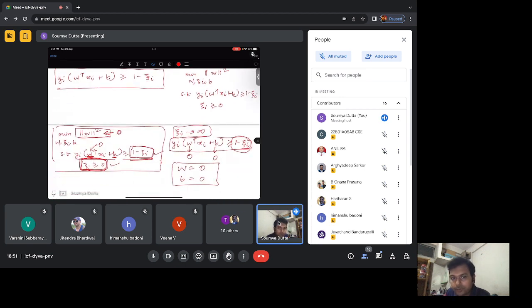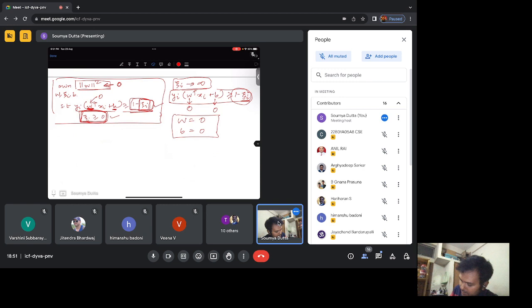Now if you account for more and more errors and your zeta I becomes so large that you have misclassified all your data points, then basically you have learnt nothing. So the only way you can stop this from happening is to constrain the value of zeta I. So that is why you modify the problem like this.